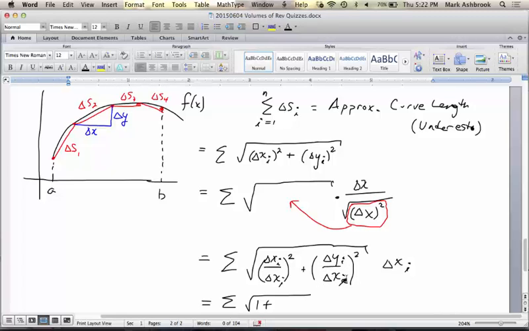So inside the square here, delta y over delta x. As delta x gets very, very small, what does that become?